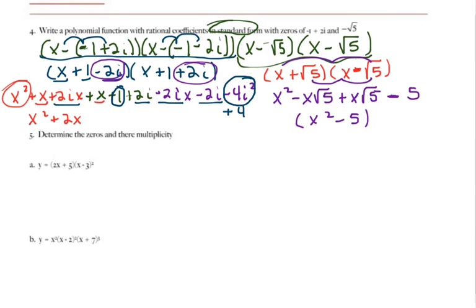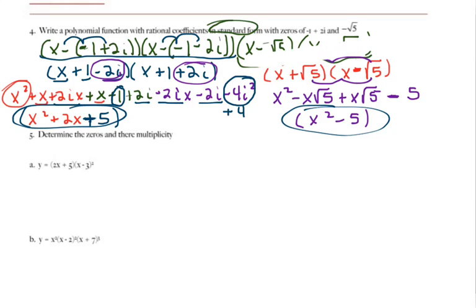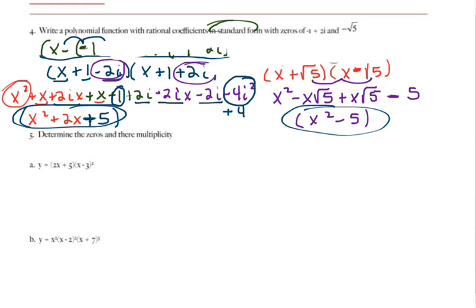Remember, i squared equals negative 1. So when I multiplied those two big trinomials, I end up with x squared plus 2x plus 5, and now I've got to take that times the x squared minus 5.